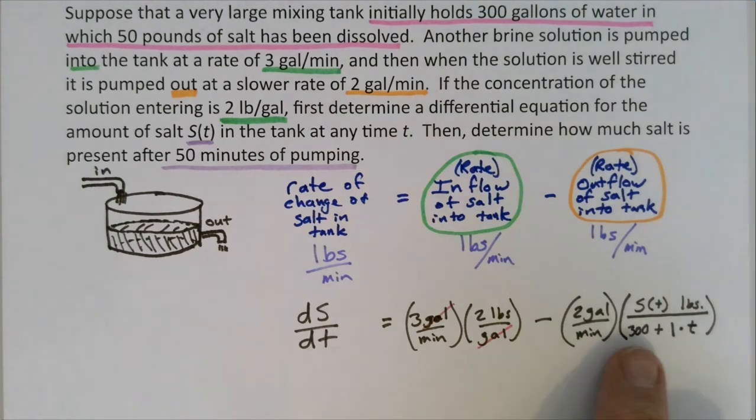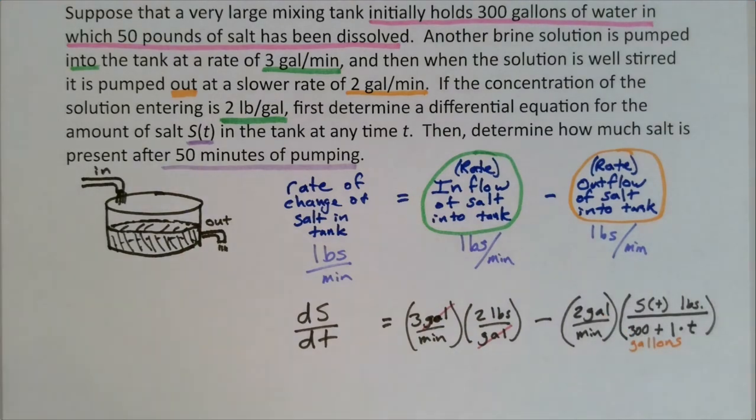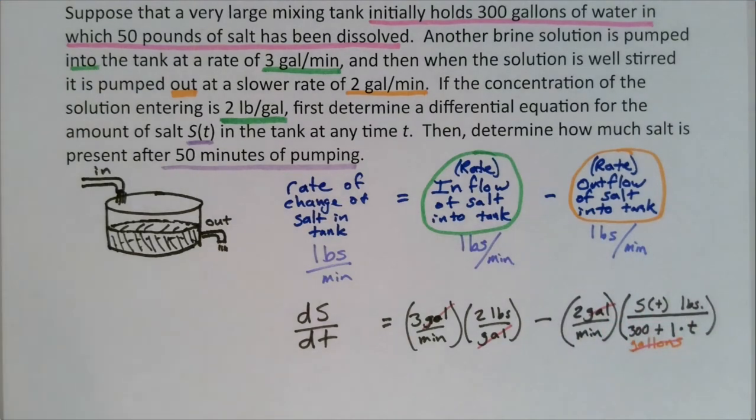Now you'll notice this is gallons, and this is gallons per minute times minutes. And so the end result is the bottom is going to be in gallons. The top is pounds. The gallons up here and the gallons down there cancel out, leaving me with pounds per minute.